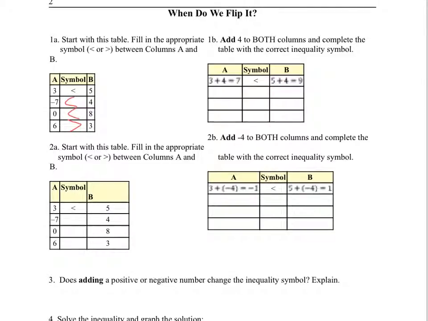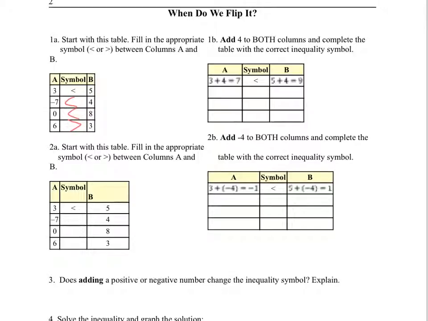Okay, now we're going to do 1B. And 1B says, add 4 to both columns and complete the table with the correct inequality symbol. So we're starting with the number that they gave us. Notice they had 3, and they added 4 to get 7, and they had 5, and they added 4 to get 9.